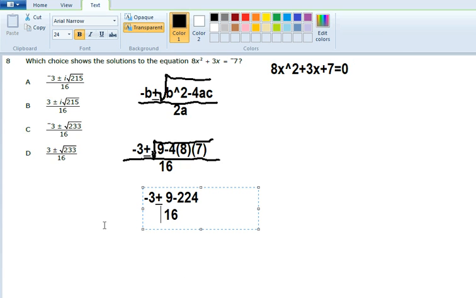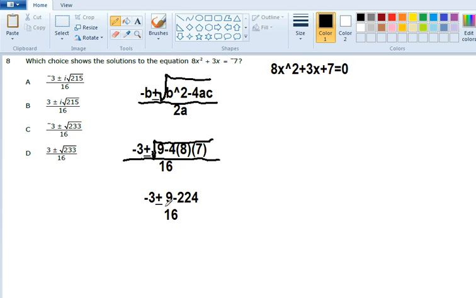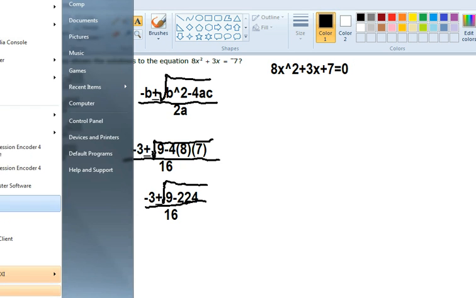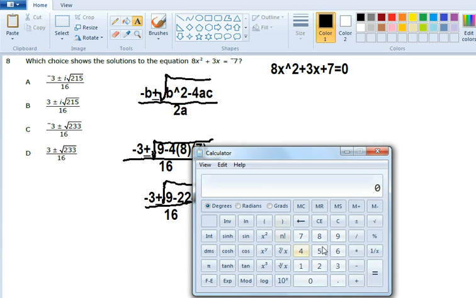Okay? So again, we have the square root and the division sign. Alright, now we have negative 3 plus or minus the square root of 9 minus 224. Let me double check that. Yep, okay, 9 minus 224 is negative 215.